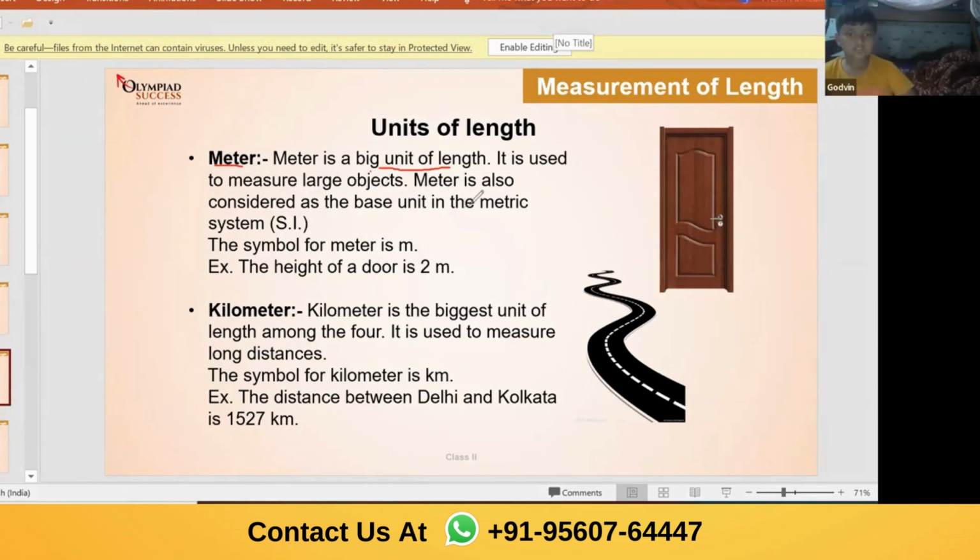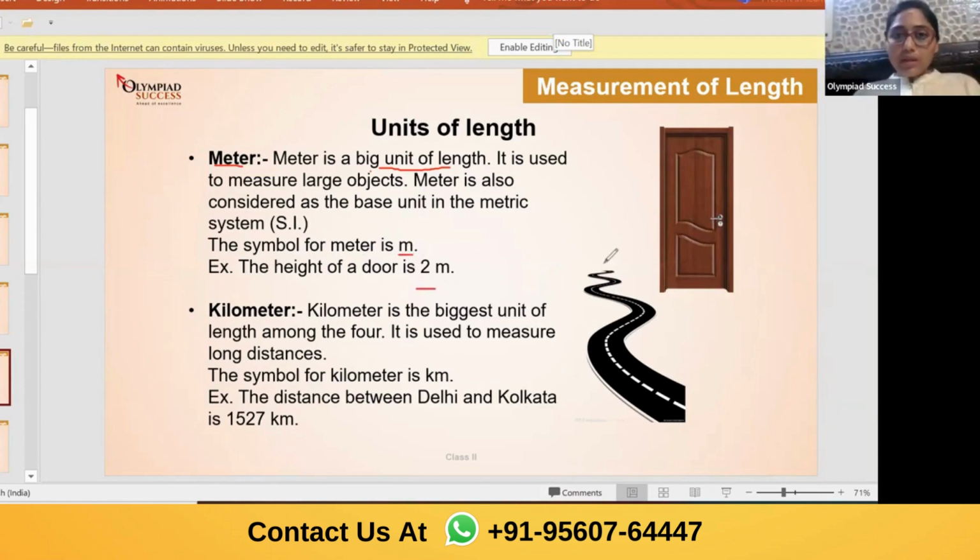Meter is also considered as the base unit of the metric system, SI. The symbol of meter is m. The height of a door is 2 meter.